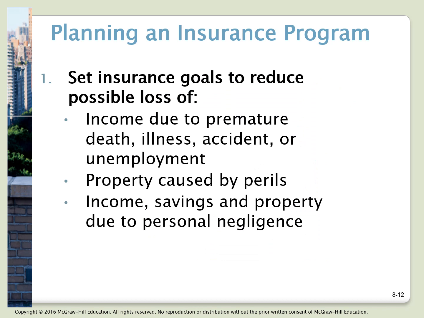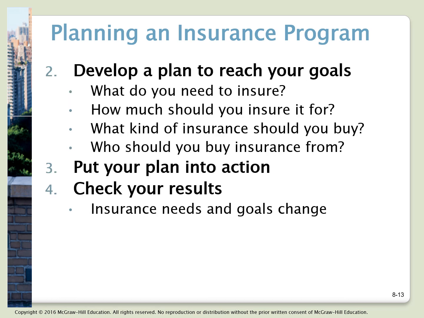So, planning an insurance program and setting insurance goals: to reduce the possible loss of income due to premature death, illness, accident, or unemployment; property insurance against losses caused by perils; and ensuring income, savings, and property against personal negligence. These are all things you're looking at with insurance as you go forward. Develop that plan.